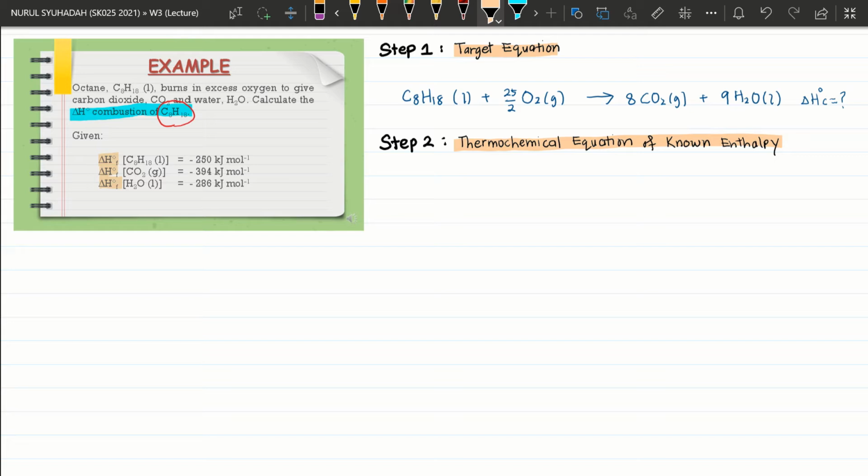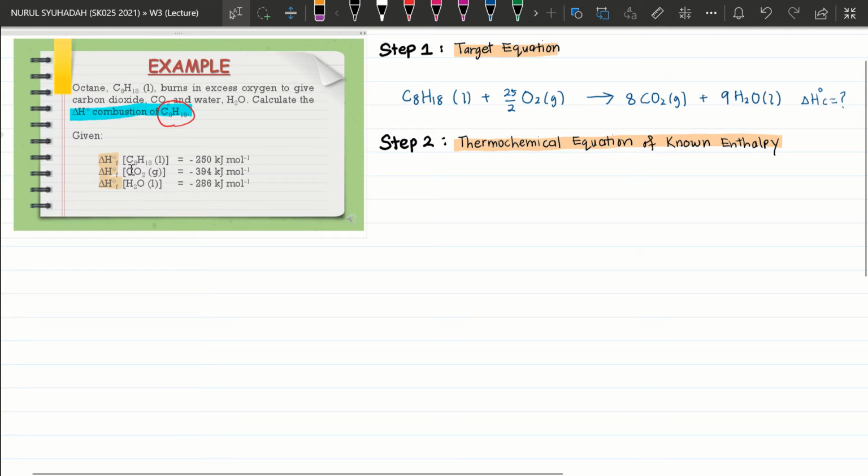Delta H formation is the energy change when 1 mole of a compound is formed from its elements at their most stable state at the standard condition of 25 degrees Celsius and 1 atm pressure. So how are we going to use the definition to write down the thermochemical equation for each and every one of these compounds?